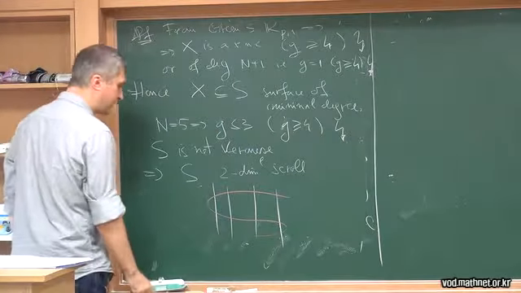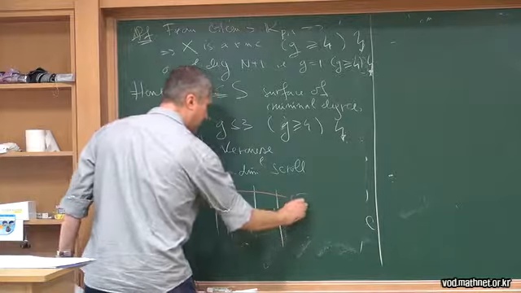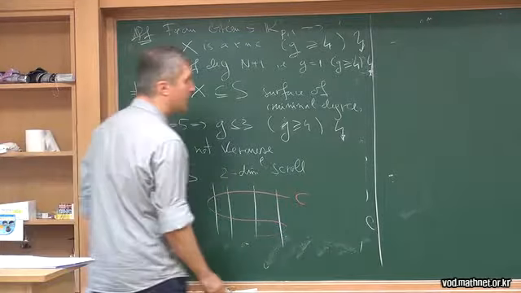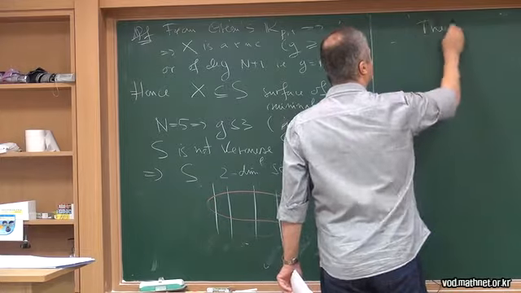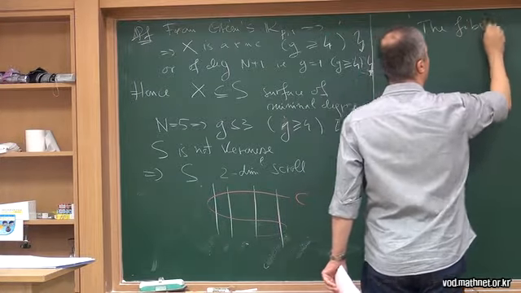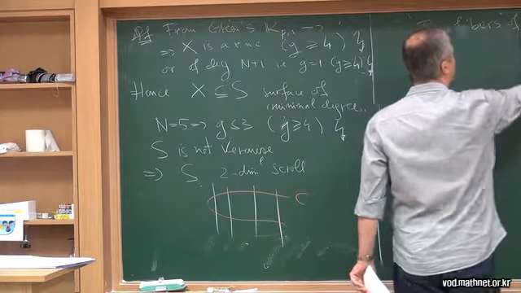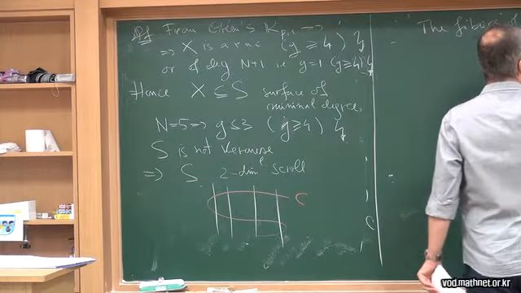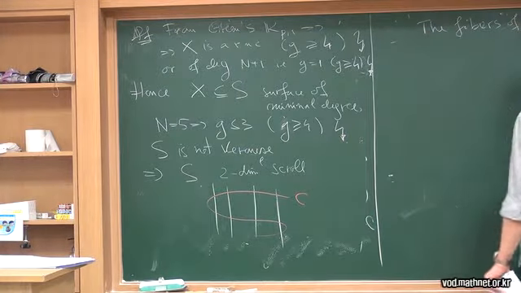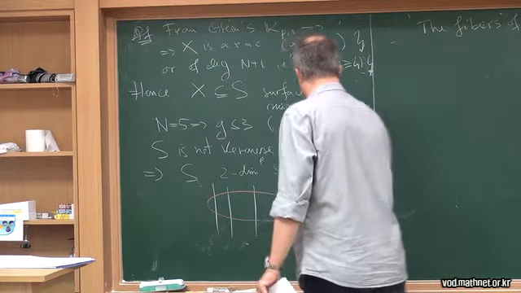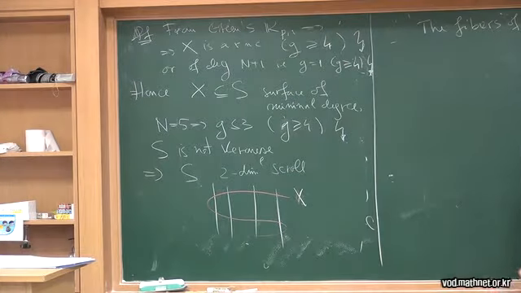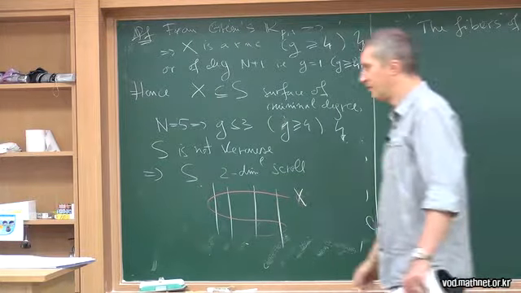My claim is that the fibers of the ruling intersect X in 2 points, not more than 2 points.